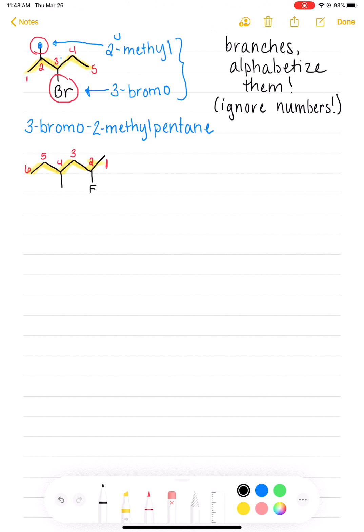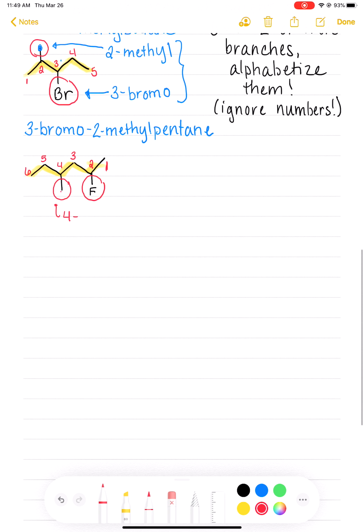Our next job is to locate and name our branches. So let's do this one first. This guy's location is on carbon number 4. It is a 1-carbon branch. Let's look back up at our data table. It looks like I'm frozen. I can't scroll up.